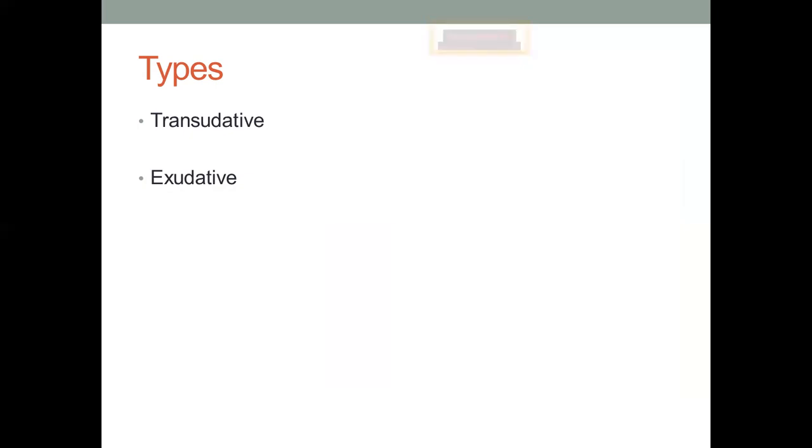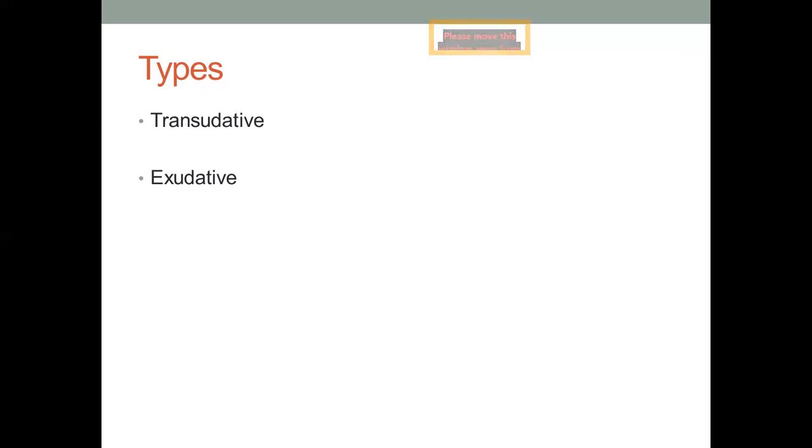If the color is hemorrhagic, this is hemothorax, and this will be exudative pleural effusion. If the fluid is pus, this is empyema, this is exudative. If the color is straw color, this is exudative.